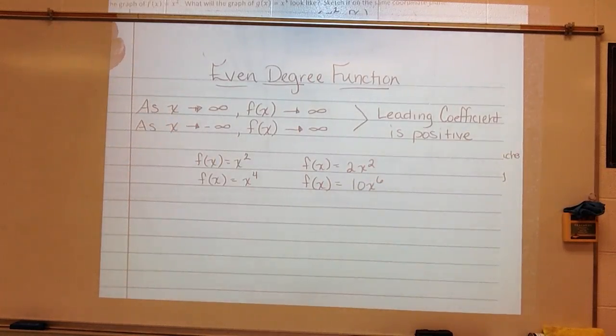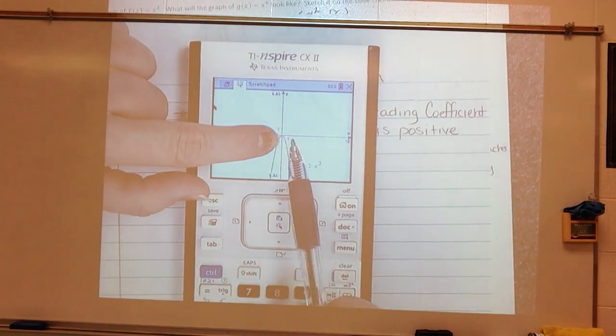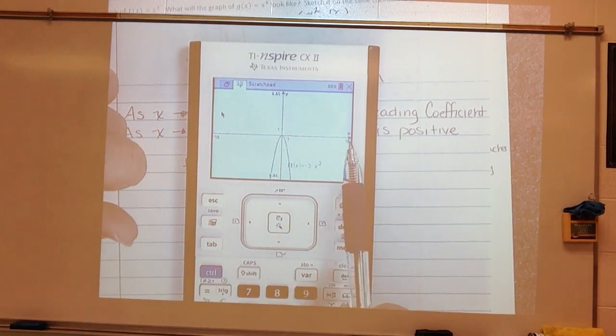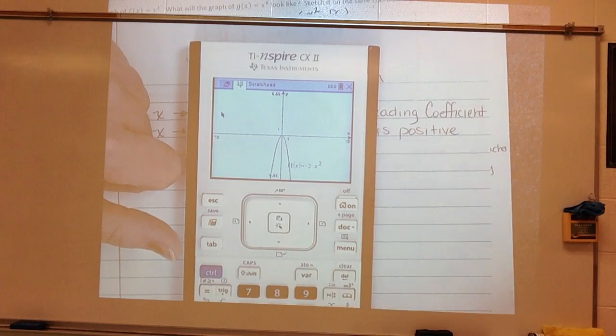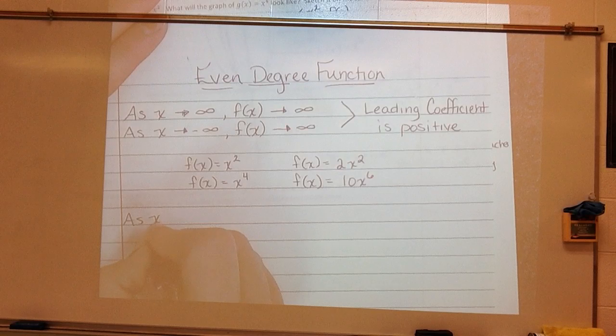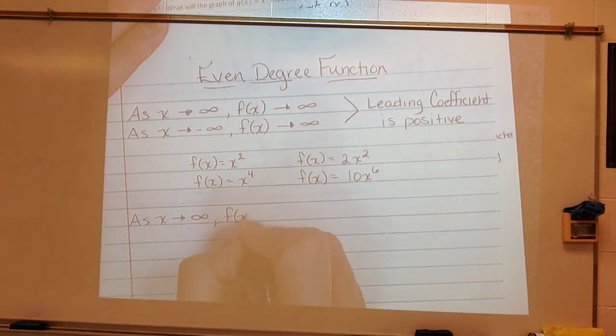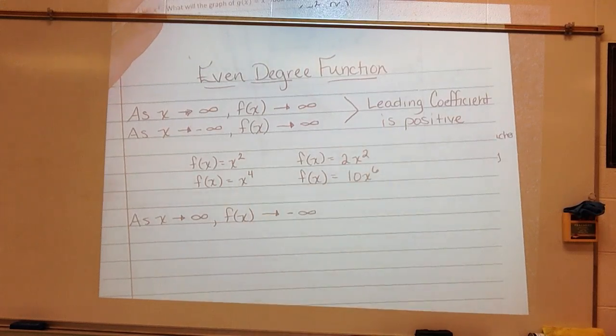Let's look at what happens if my leading coefficient is negative. As x approaches positive infinity, what's happening to my numbers? As x approaches positive infinity, f of x, or my function, is approaching negative infinity.